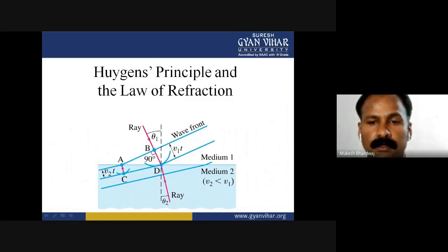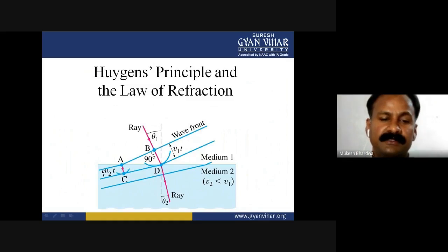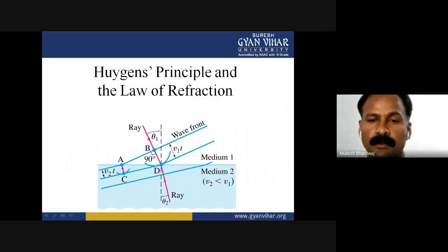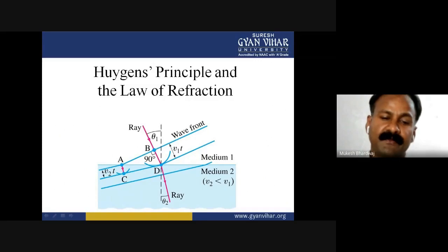In a certain region, the resultant displacement, electric or magnetic field vector in case of light, is the vector sum of displacement caused by different waves individually. This is called the superposition principle.